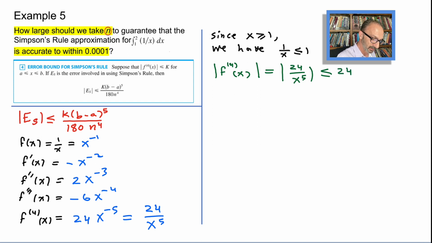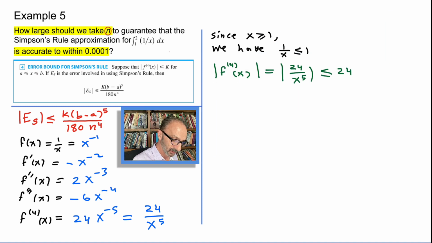Of course, if 1 over x is less than or equal to 1, that says the same thing as 1 over x to the power 5 should be less than or equal to 1. Even faster.